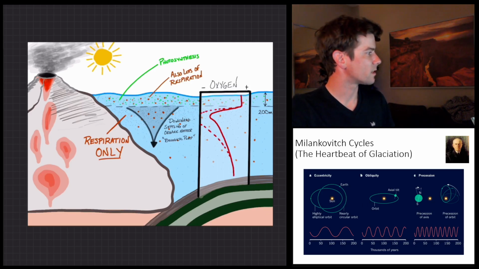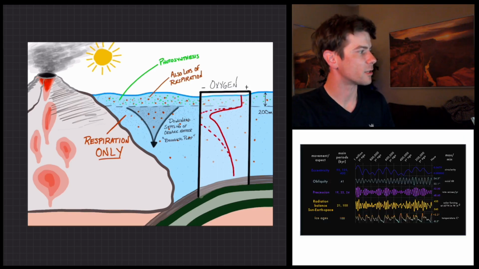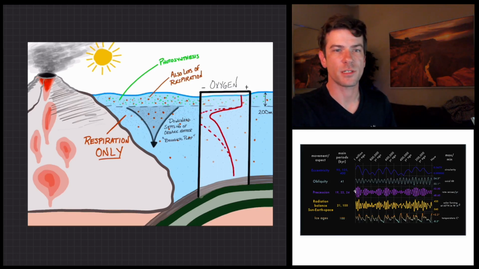I had a figure that kind of showed this, right? We have these three periodic functions that all combine to create the radiation balance between the sun, Earth, and space.